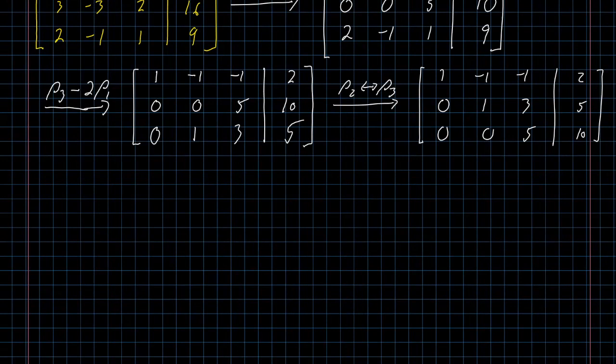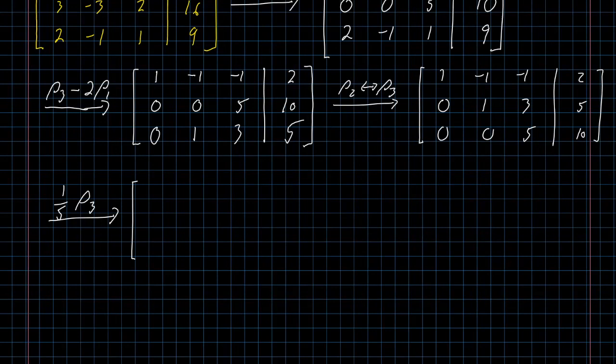One last operation. I'm going to multiply the third row by 1/5. Again, swapping two rows doesn't really seem like it does anything, but it makes our lives a little bit easier. Multiplying by 1/5 is dividing by 5. That third row, if you turn it back into an equation, says 5x3 equals 10.